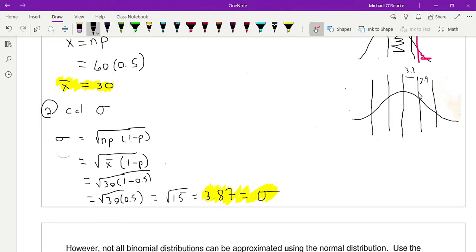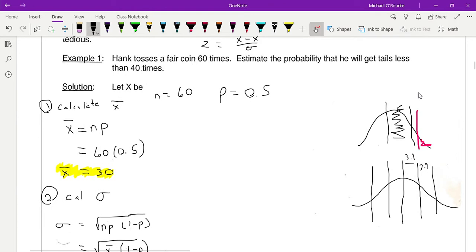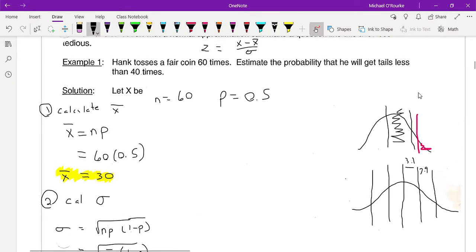So now this is where we go to our z-score. Okay? And if we kind of remind ourselves what we're looking for, Hank tosses a fair coin, estimate the probability he will get tails less than 40 times. Okay?